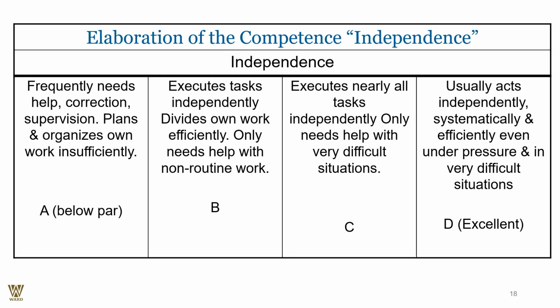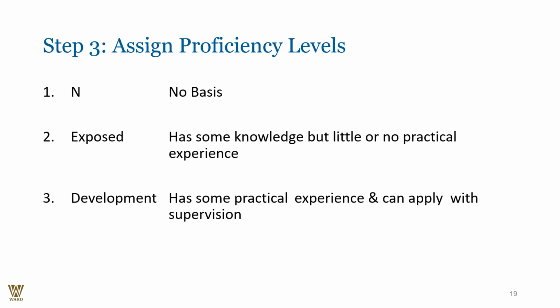And this is where you have a very competent employee asset. So you need to understand the elaboration of competence independence on this basis. Let me give you the proficiency levels. First, absolutely no basis: they just have the know-how, probably they are aware of the things, so there is no basis you can mark them on. Exposed has some knowledge but no experience in handling things, knows the basics but nothing beyond.